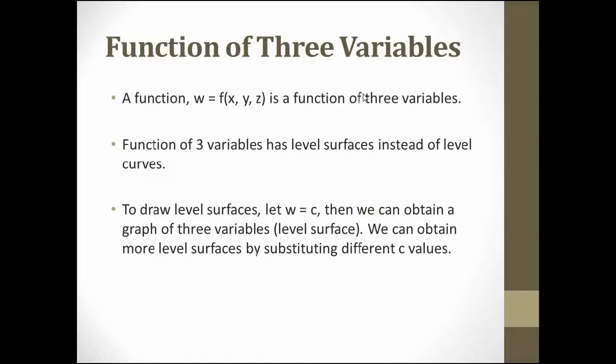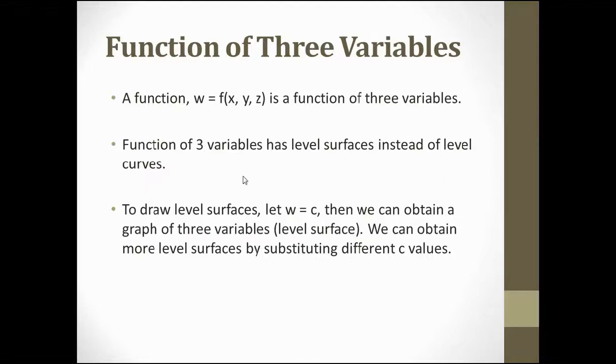Here comes the hardest part of this presentation, the function of three variables. A function of three variables can be denoted as w equals f(x, y, z). Notice that instead of having level curves, a function of three variables has level surfaces.